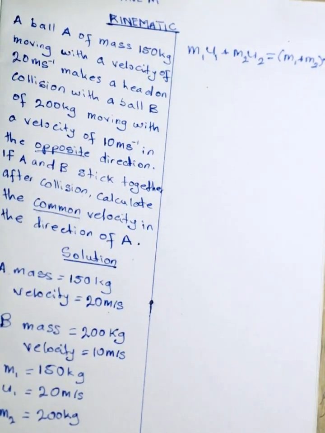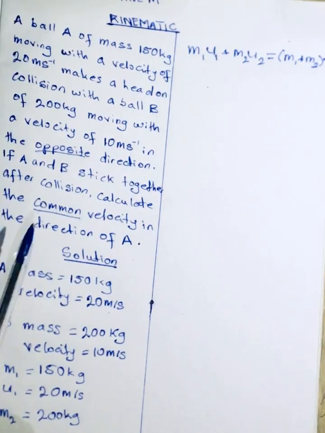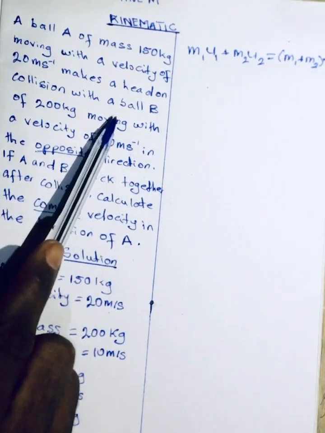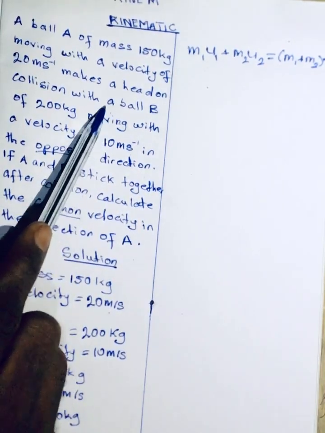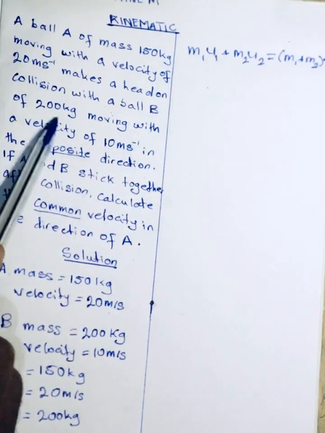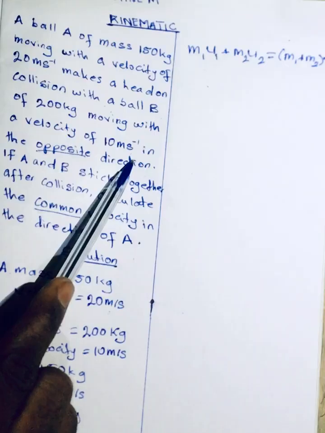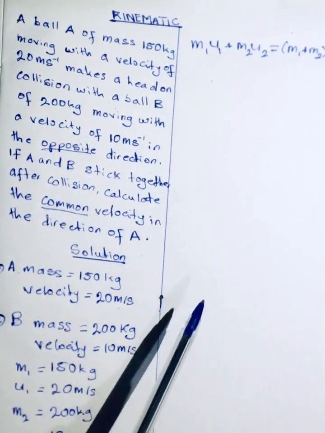But in the question, we're told that a ball B of 200 kg is moving with a velocity of 10 meters per second in the opposite direction.